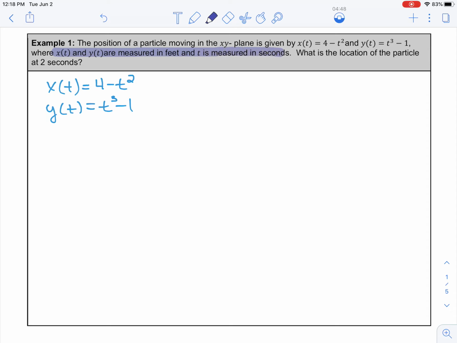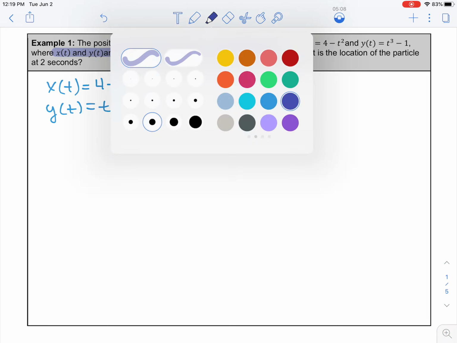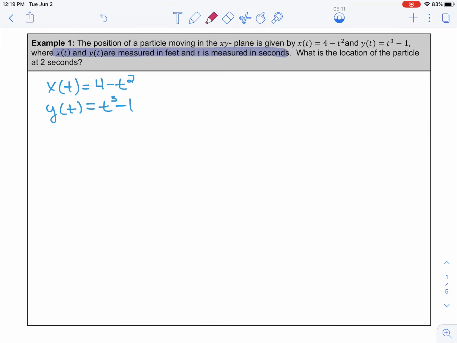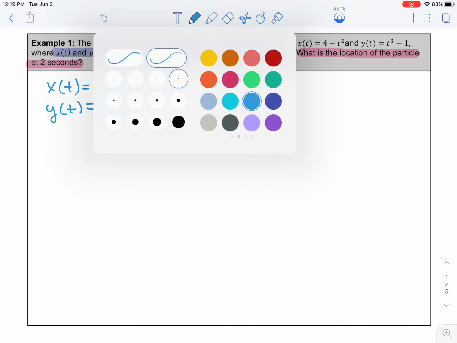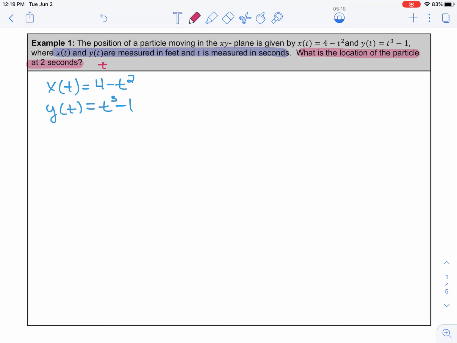We're measuring time in seconds, and we're looking at the position in the x and y direction of a particle. The question asks, what is the location of the particle at 2 seconds? What we're being asked to do is plug t equals 2 into both our x of t and y of t equations.